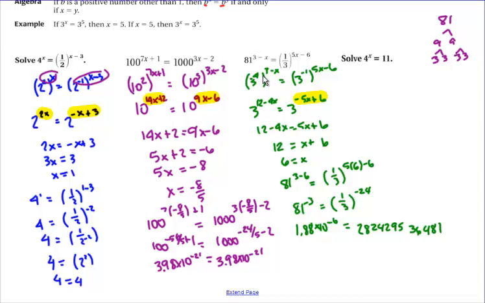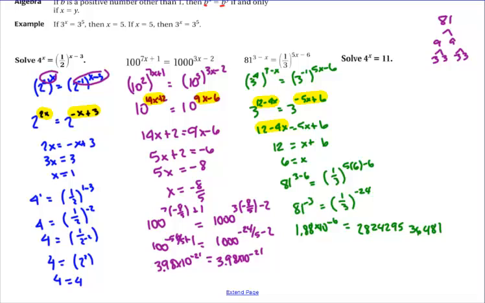So 81 is 3 to the 4th, and then 3 minus x, so 4 times 3 is 12. 4 times negative x is negative 4. 1 over 3 becomes 3 to the negative 1. So that should be negative 5 plus 6. So when I set 12 minus 4x equal to negative 5, there it is.